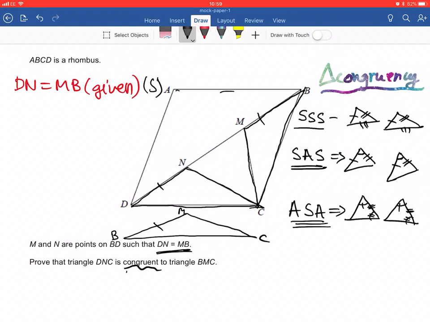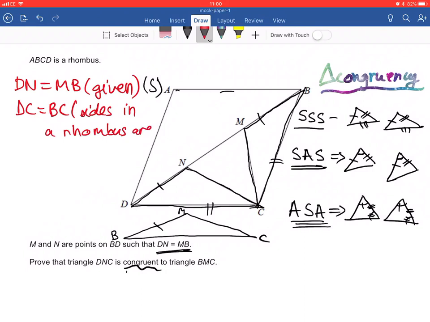If I look at my shape, it's a rhombus, so I know that all the sides in the rhombus are equal. So DC is a side in the rhombus, so is BC. So I can say DC and BC are equal. So I say DC equals BC because sides in a rhombus are equal.